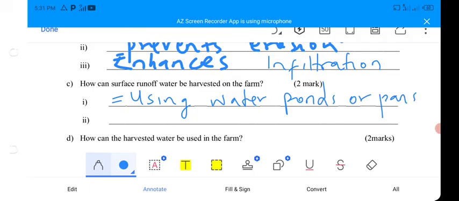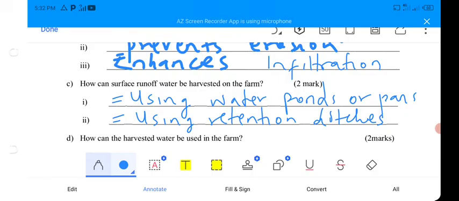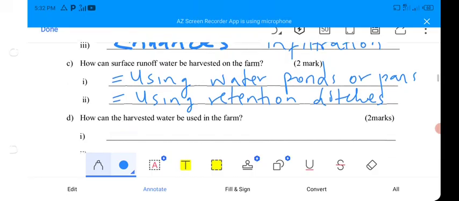You can also use retention ditches to harvest surface runoff. Remember, surface runoff is the water that runs on the ground when it rains.